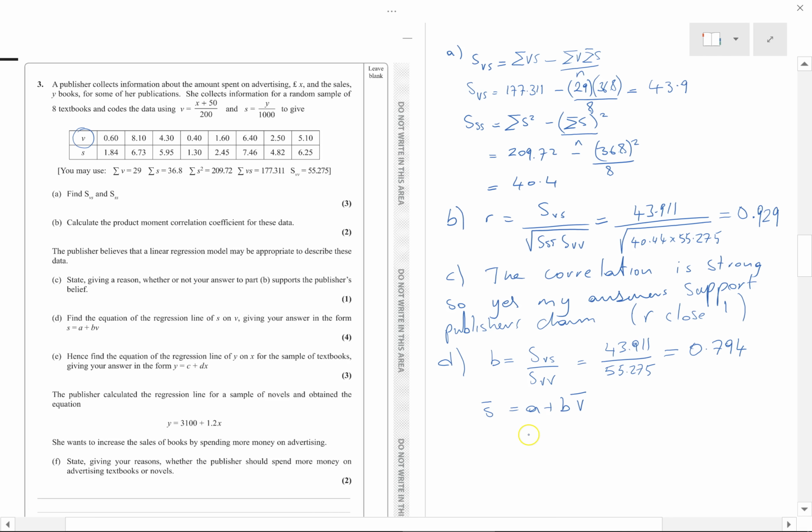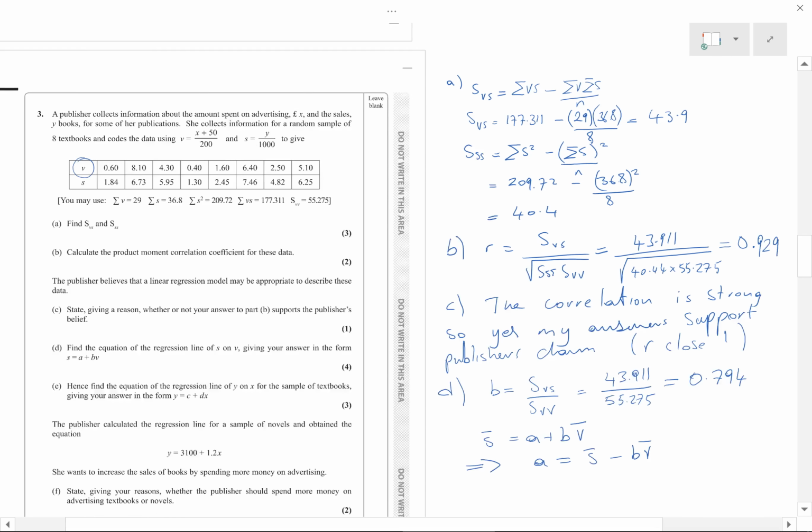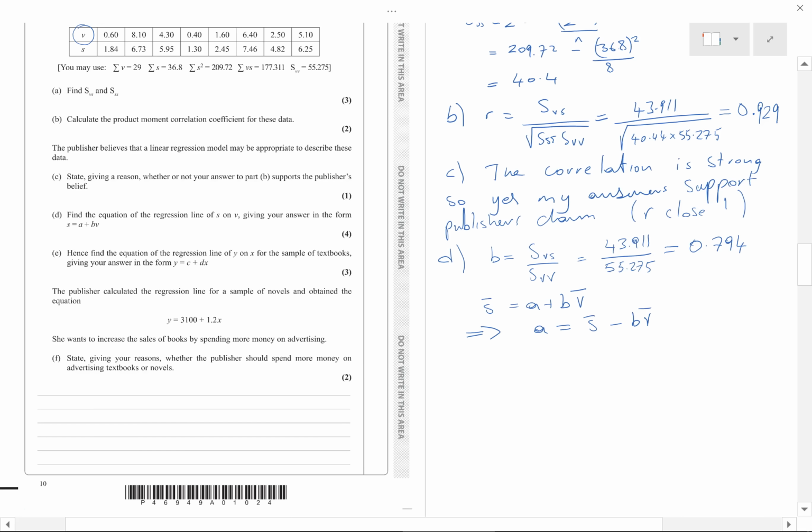So if we want to work out A, we just do S bar take away B V bar. It's given in the formula book effectively, but I always tend to just write it out and then take the thing the other side. Saves me looking in the formula book again, and I also know that I've got the symbols the right way around that way, rather than getting V and S the wrong way around.